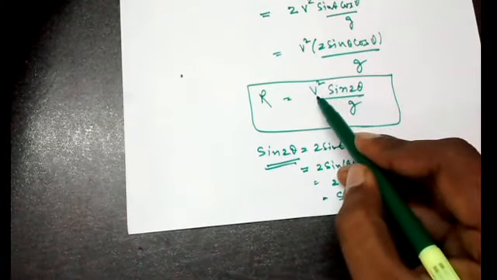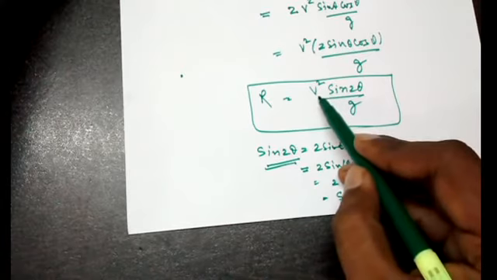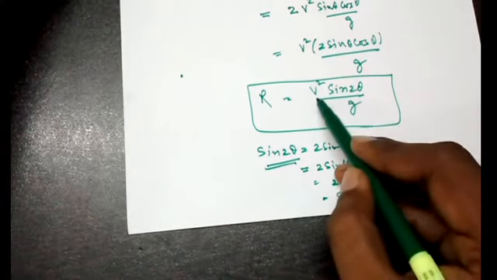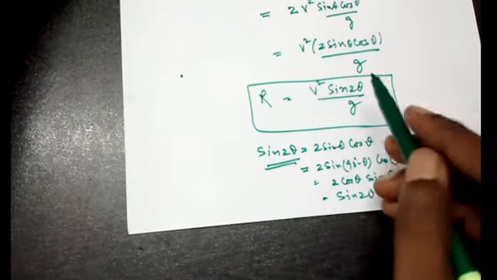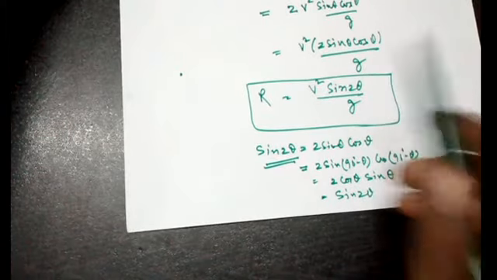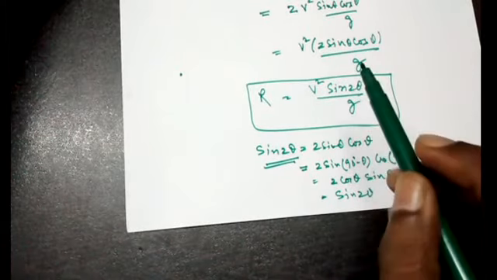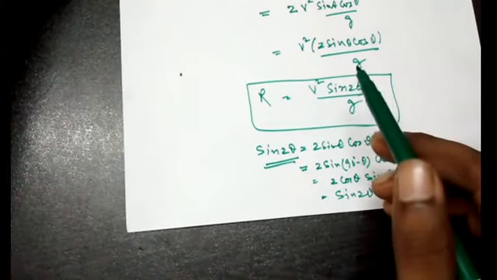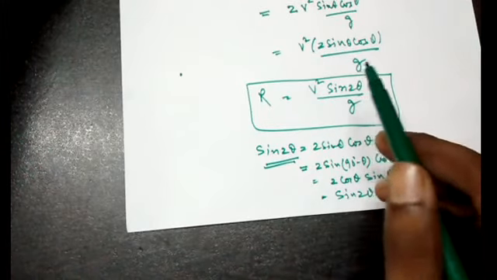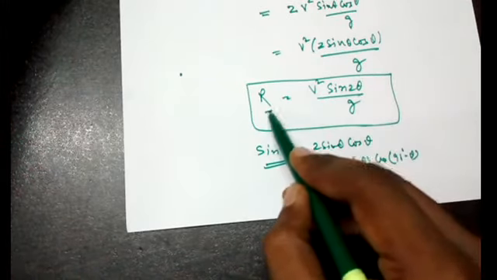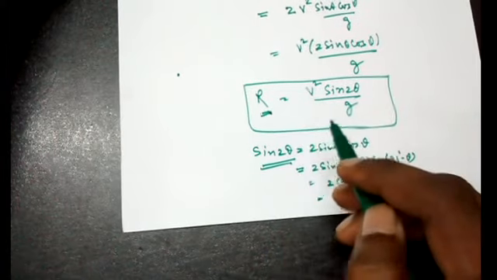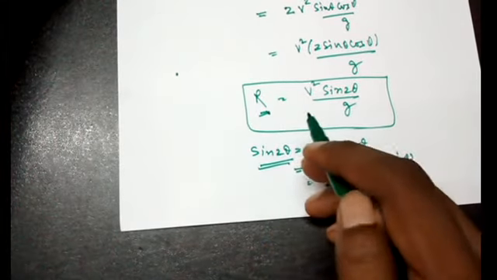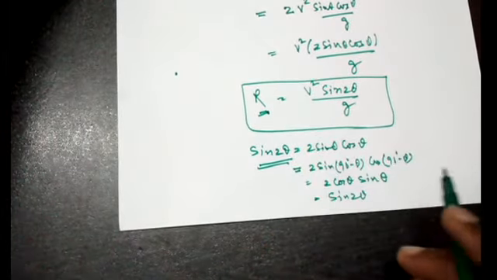So when the velocity is constant, if the body is projected with the same velocity at two different angles that are complementary to each other, then the range will be the same.